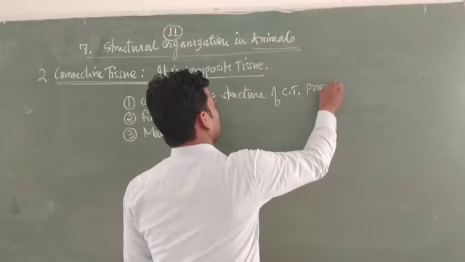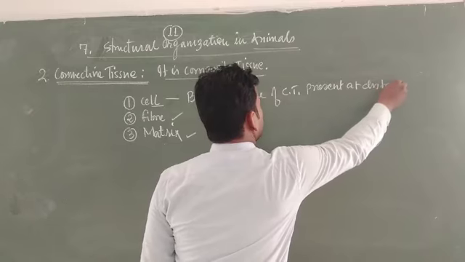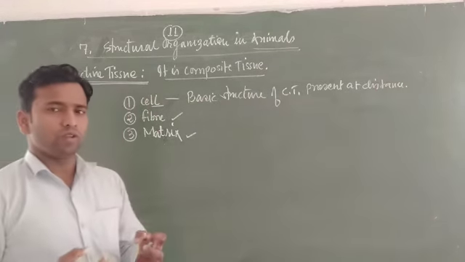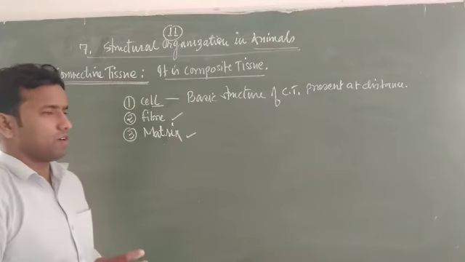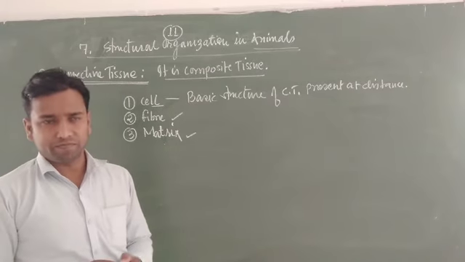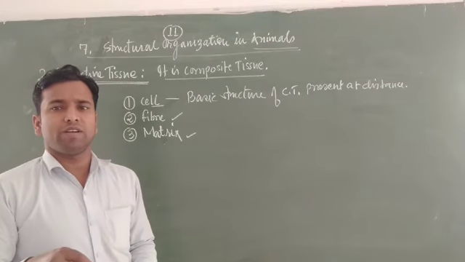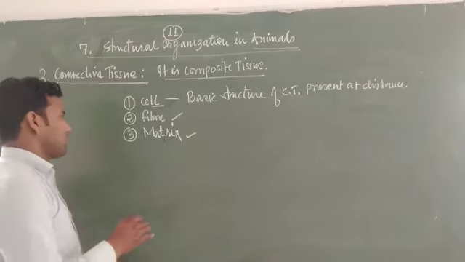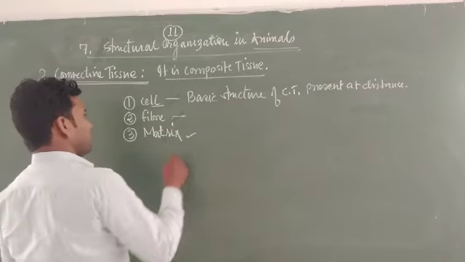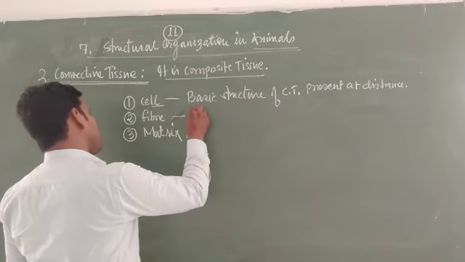Present at a distance means it is not closely packed. Suppose we are talking about blood, each and every blood cell is at a long distance. If we are talking about areolar or adipose tissue, they are present at some distance, and each and every cell of connective tissue is connected by fibers, like collagen fibers and many other fibers.